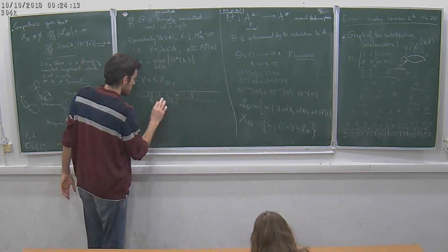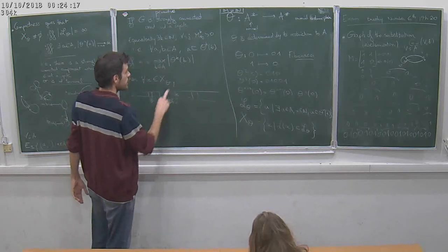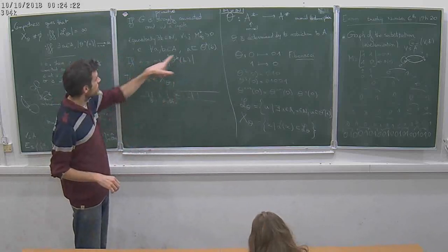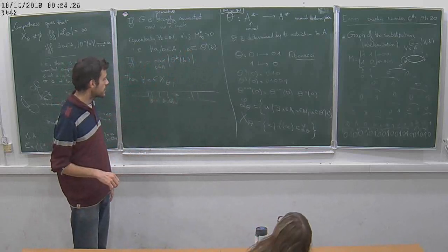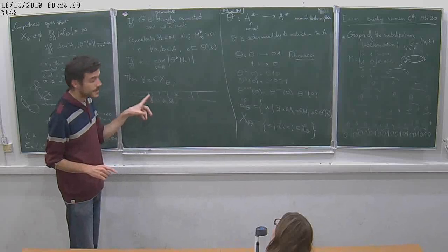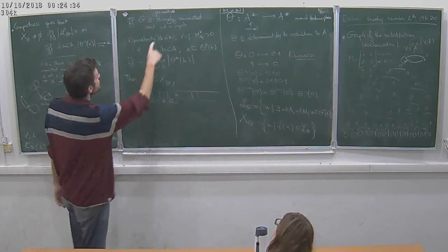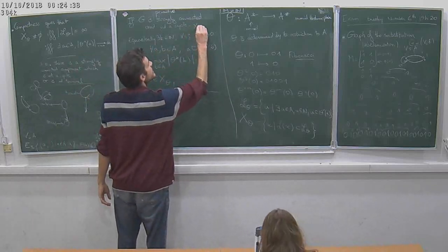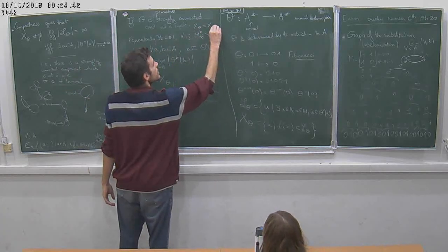Sorry, theta. And since we said that A appears in all theta of, this is true also for theta k. I didn't say it, exercise. X theta is equal to X theta k.